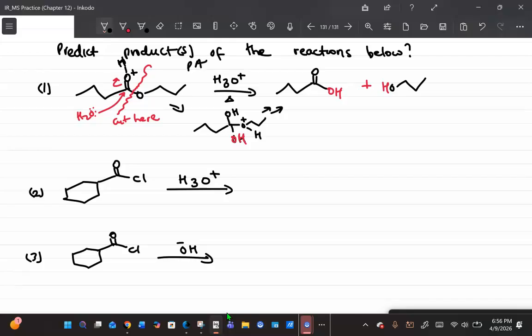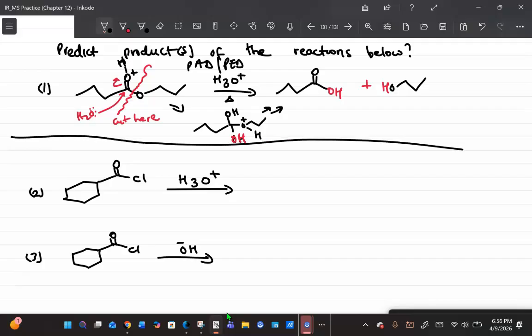That makes sense. Basically, the PADPED mechanism is followed. Then do number 2 and let me know.